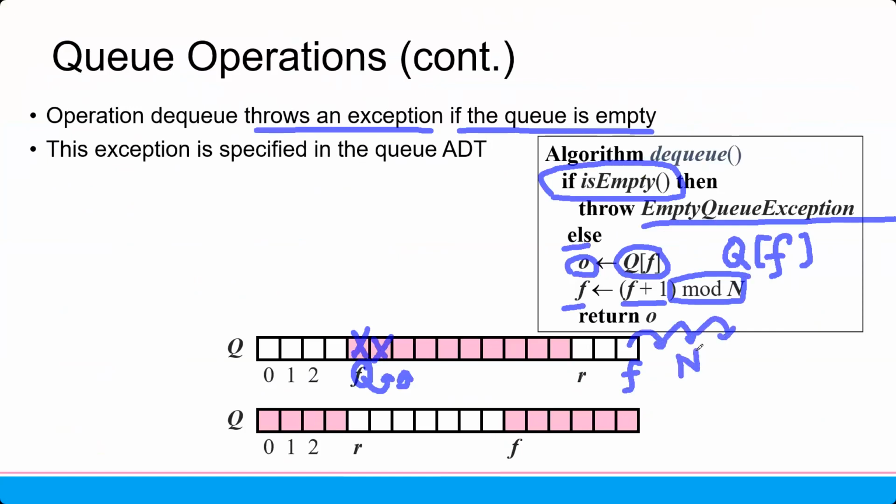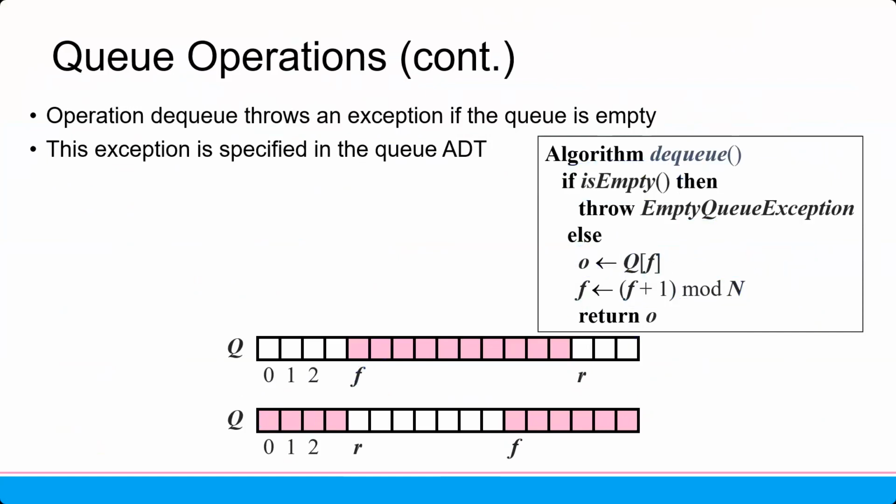The size is only N. That's why we have the mod N, to make this value go back to 0. And then we want to return the object that we removed.